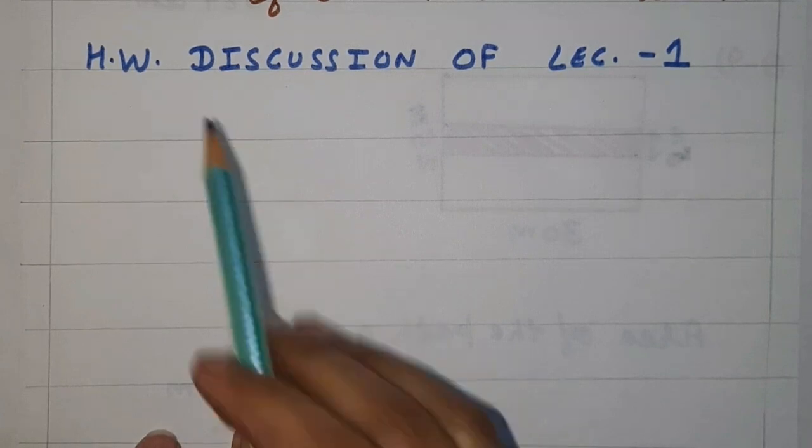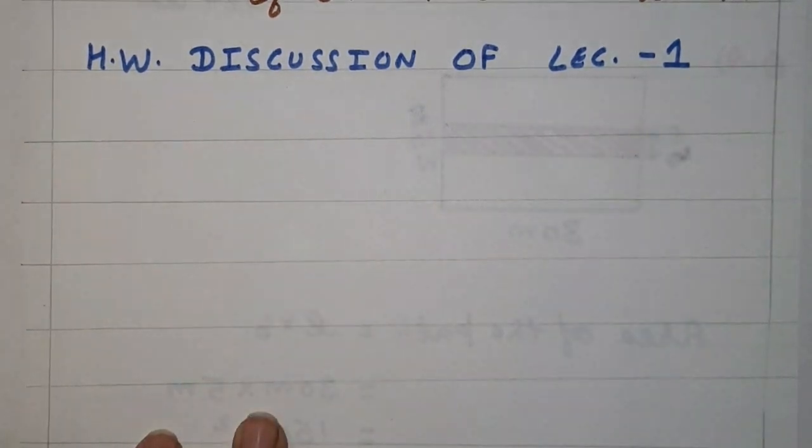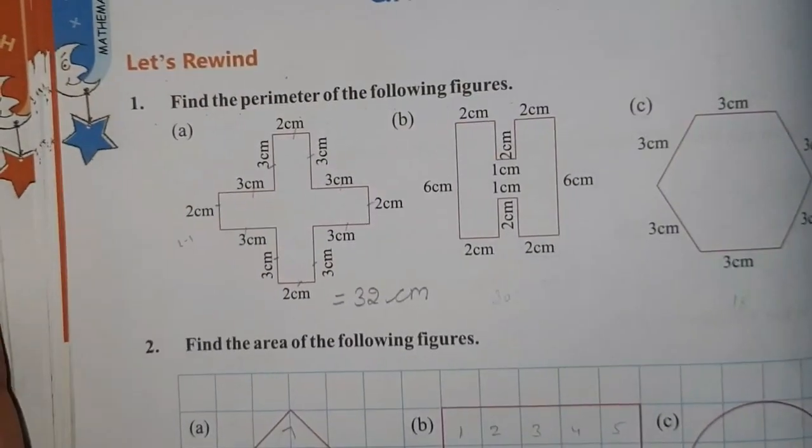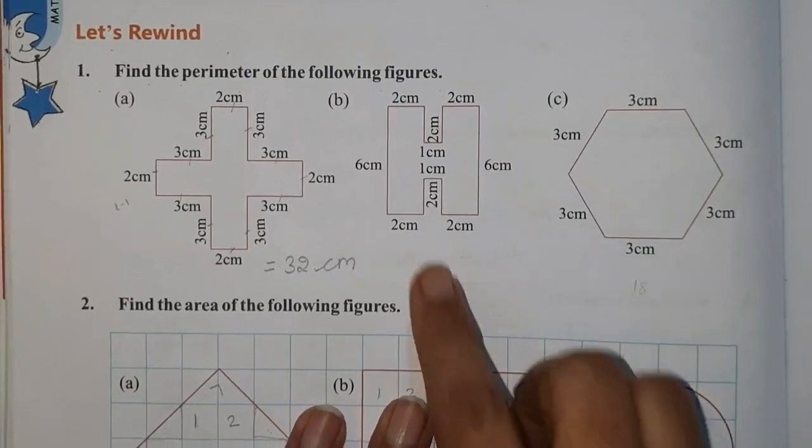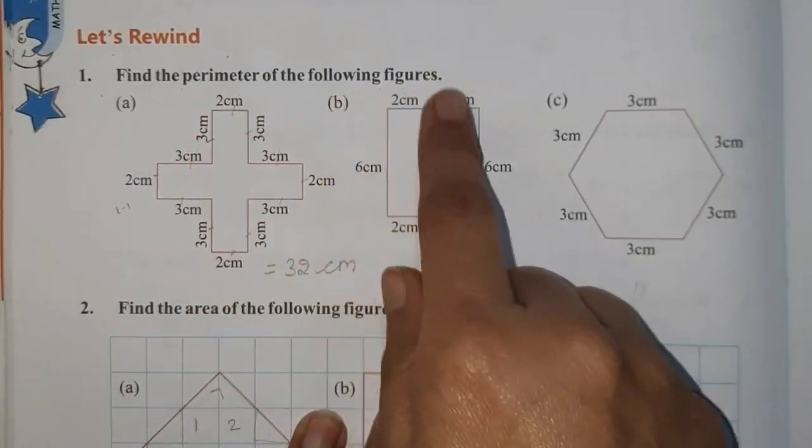Now it's time to do homework discussion. So take out your homework of lecture 1. We will do homework discussion of lecture 1. In lecture 1, question number 1, B and C parts were given. Find the perimeter of the following figures.